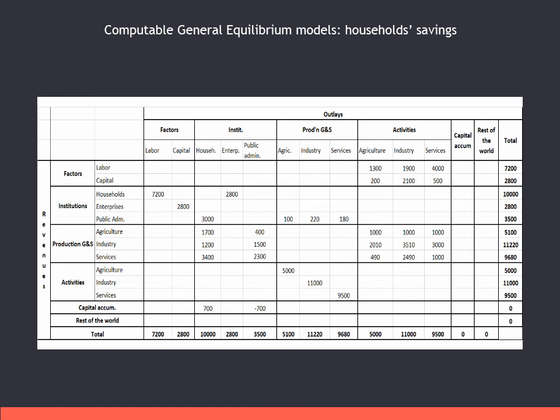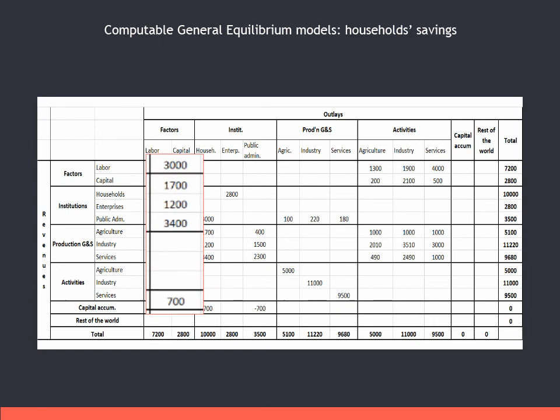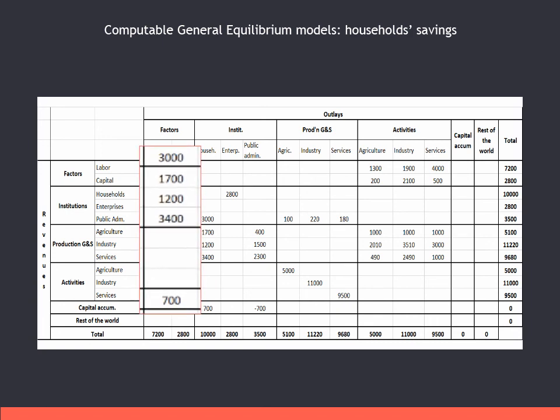And so with a total income of 10,000, households can finance first payment of income taxation to public administration, then final consumption of the agricultural sector, the industrial sector, and the services sector. And what is new here is that there is some savings.